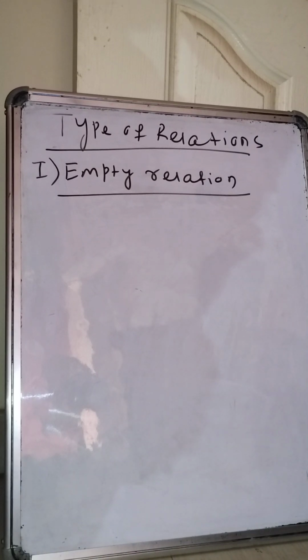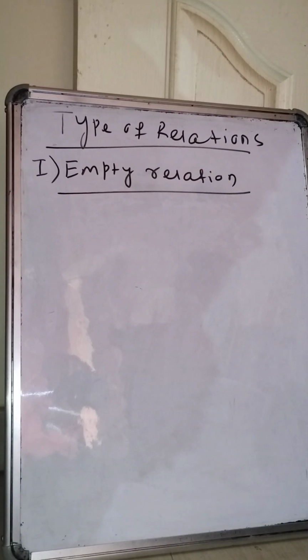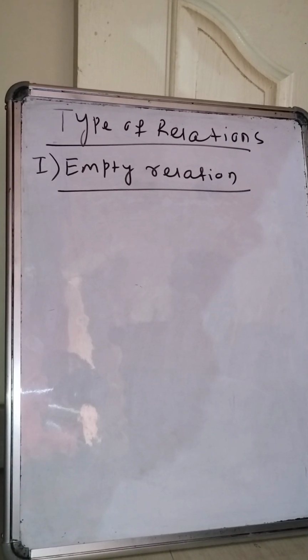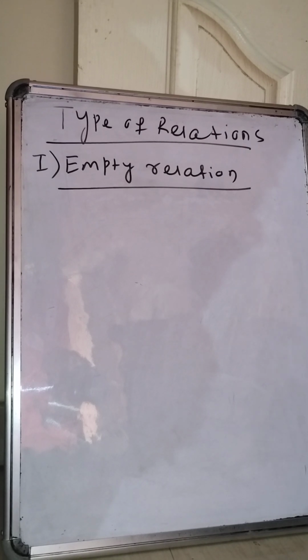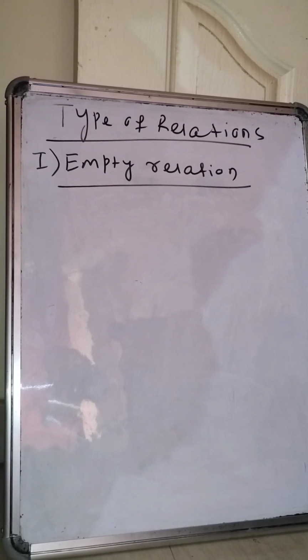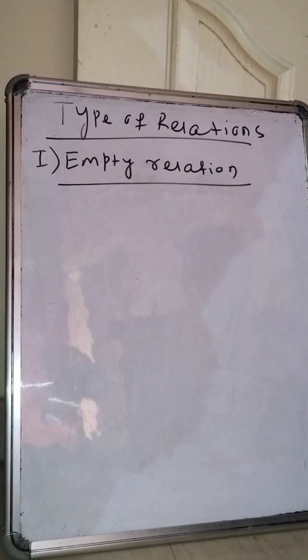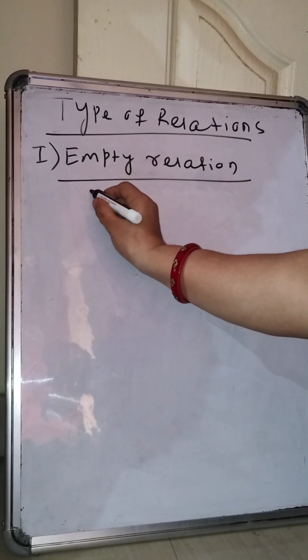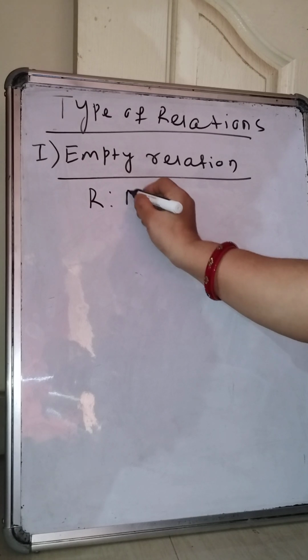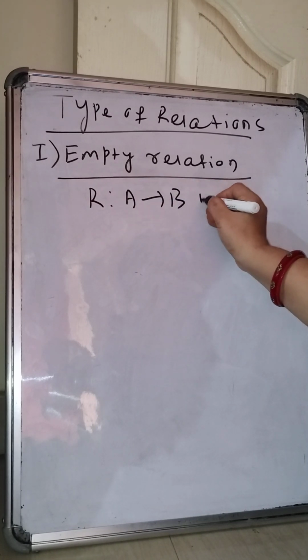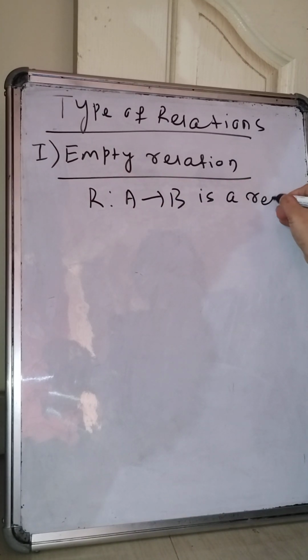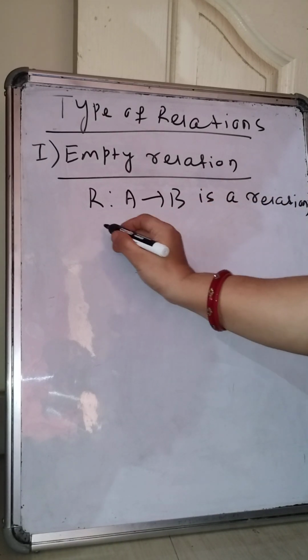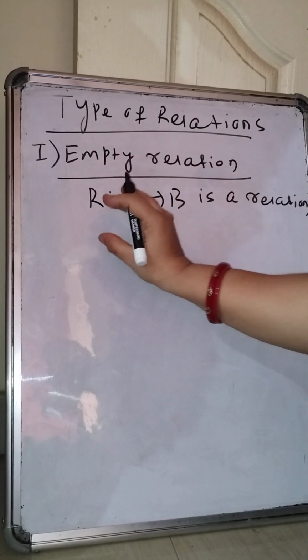You know, when a relation is said to be empty, as the name suggests, a relation R on a set A is called an empty relation if no element of A is related to any element of B. That means if R from A to B is a relation, then you cannot find the ordered pair based on this relation.